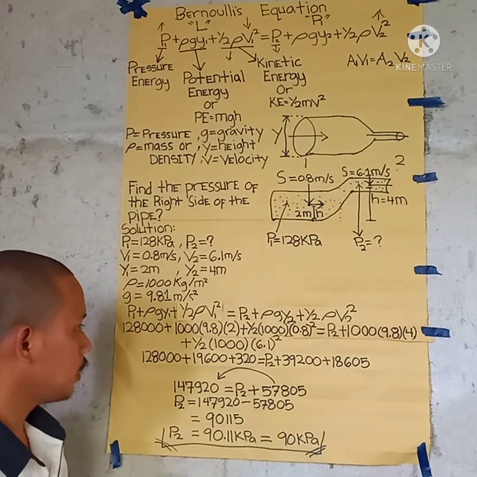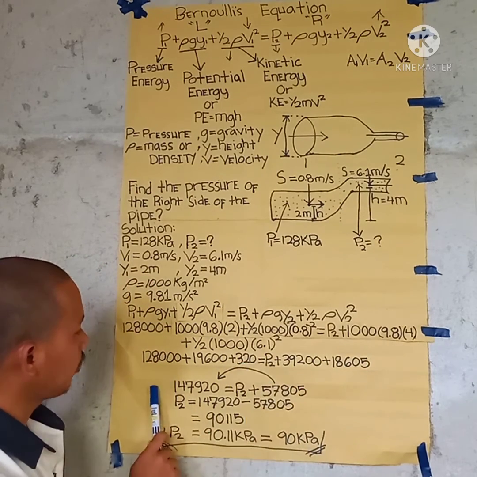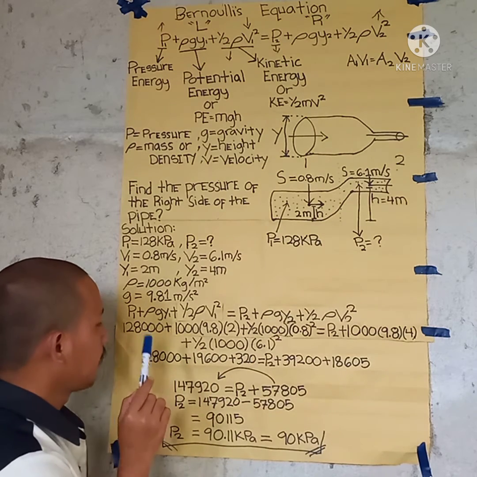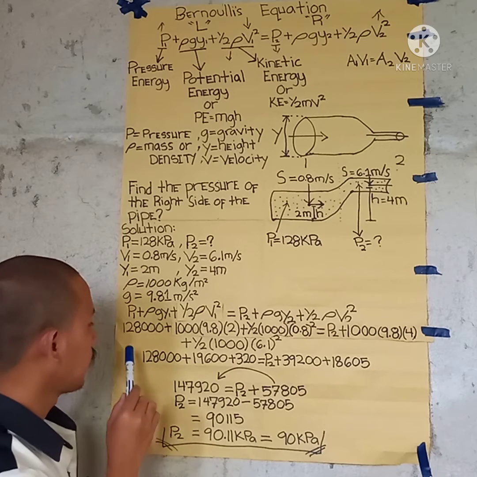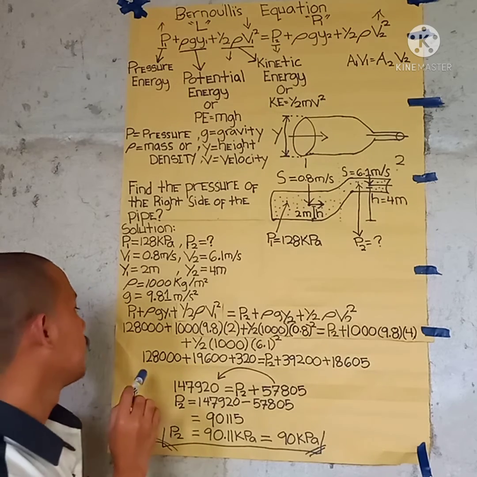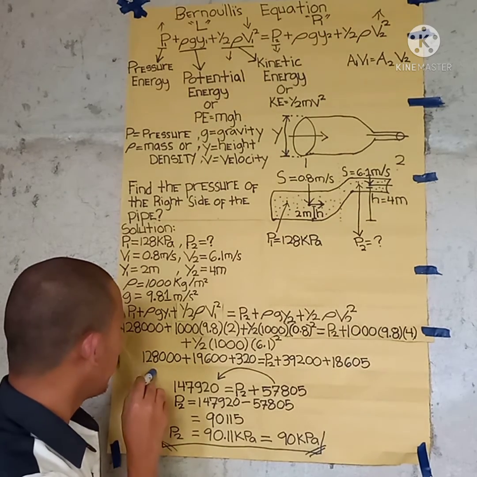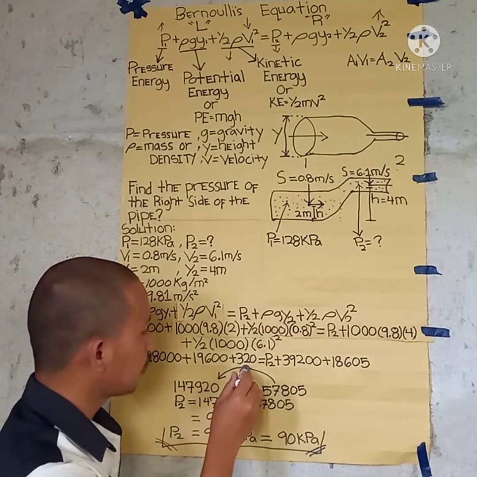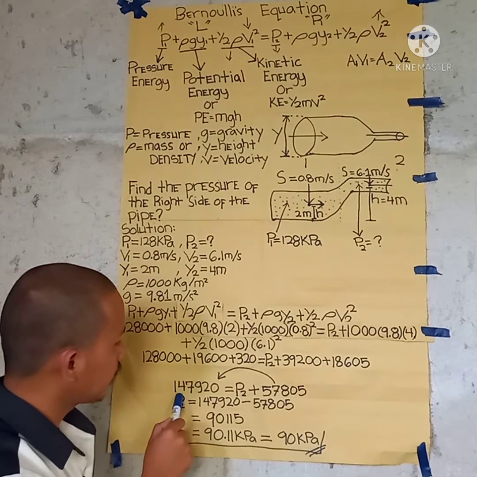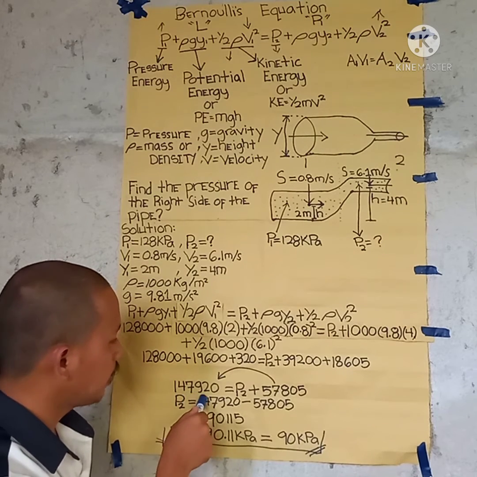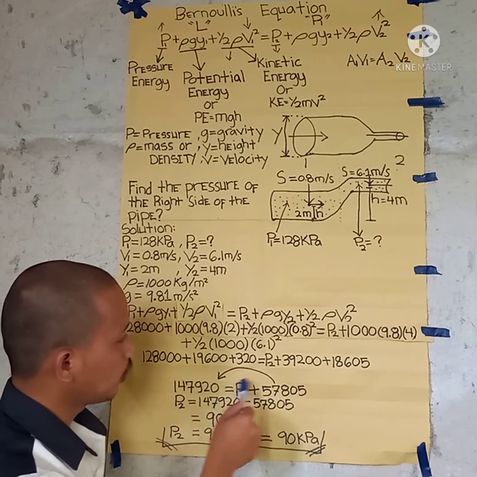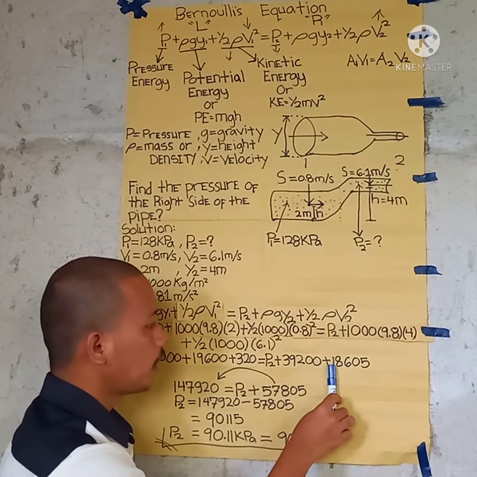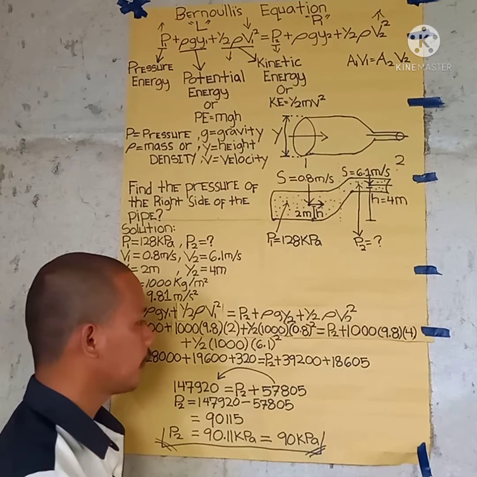So pagkahuman ato na ni i-add: 128,000 plus 19,600 plus 320, which is 147,920. So ang sa right side, ato sa i-add na sa 39,200 plus 18,605.